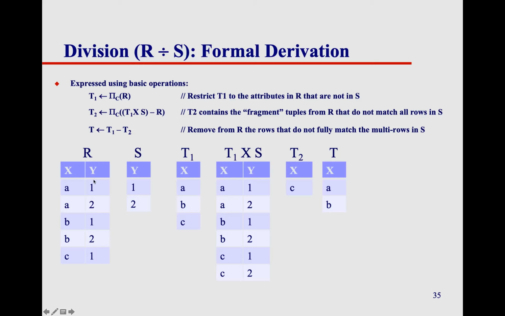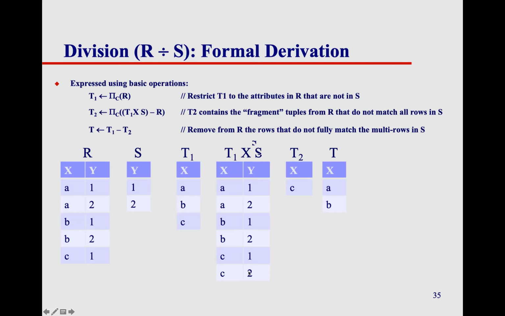We'll assume again parks are numbered 1, 2. So this is if every visitor had visited every park, this is what the relation would look like. Okay, but this is the actual relation. This is the actual set of visits. So when we subtract R from this relation, you see that C is going to be left because C has not visited 2.